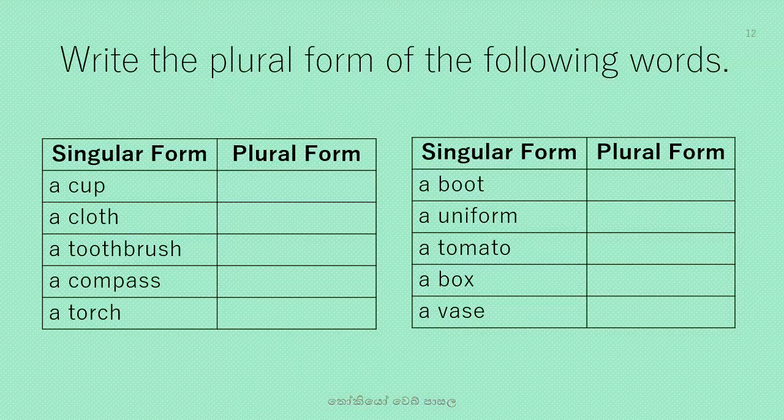As an example, this cup is going to be a regular noun. Cloth, you will have to see what it is. Toothbrush, when it is ending with sh, when it is ending with s, when it is ending with ch, when it is ending with an o, and the letter before is a consonant.